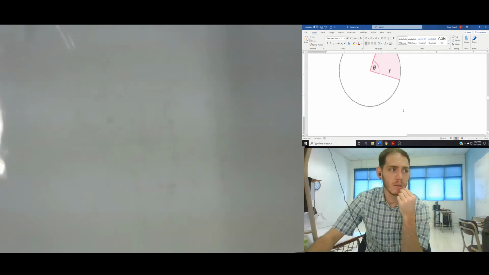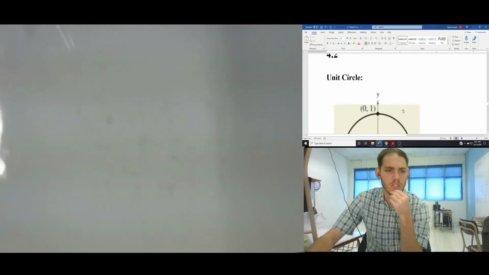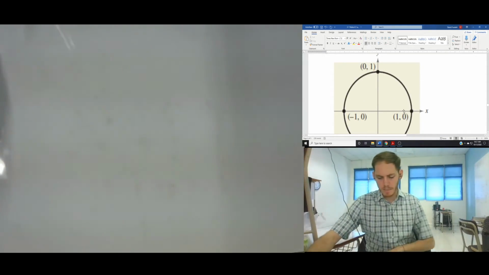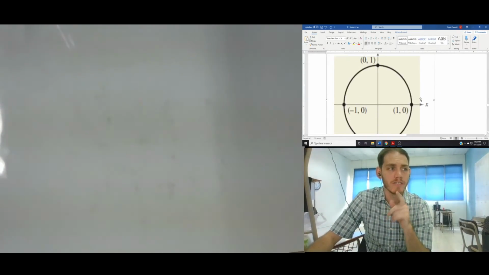Okay, we're going to move on to the unit circle. Now, unit circle, we're going to spend some part of the time on. A unit circle is a circle with the formula x squared plus y squared equals 1. So it's a circle with radius 1 centered on 0, 0, okay?